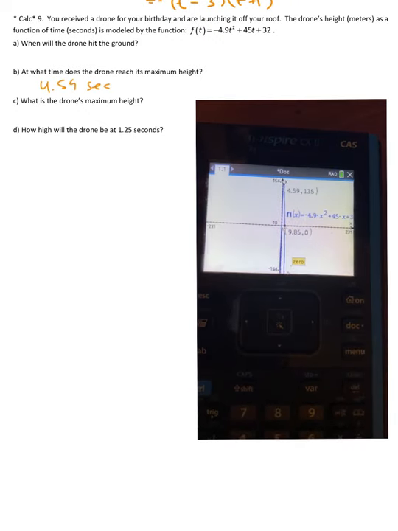So now I can see from that video our x-intercept is when the drone will hit the ground, and that would be after 9.85 seconds. Okay, when does it reach its maximum height? That's our vertex, so after 4.59 seconds. And then what is the maximum height? 135 meters.